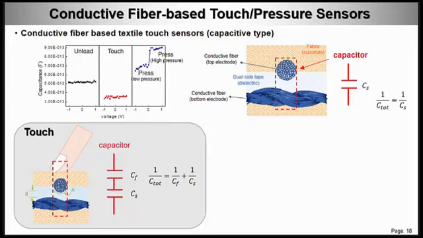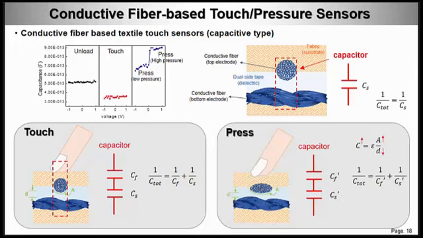So these two series capacitors make the total capacitance decrease. When high pressure is applied at the same point, the area of the capacitor increases and the thickness of the dielectric decreases, and this brings the total capacitance to increase.